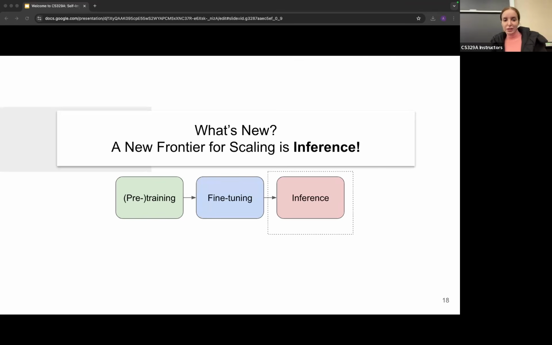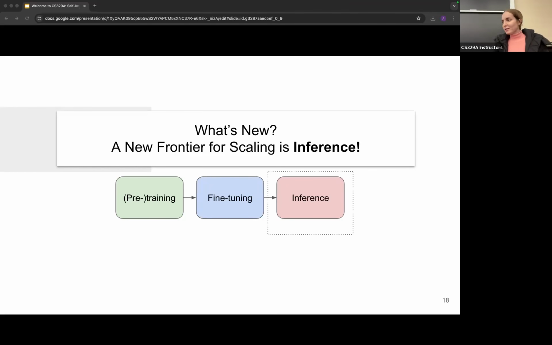Now, pre-training and fine-tuning have been around for some time now, and what really appeared in 2024 was looking into inference as a new frontier for scaling and improving language models.